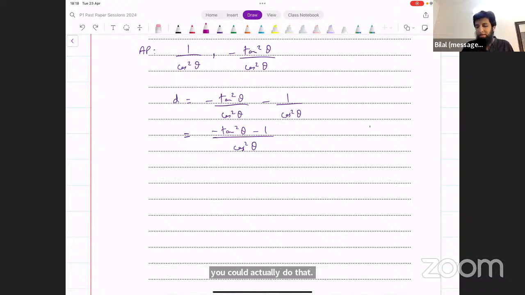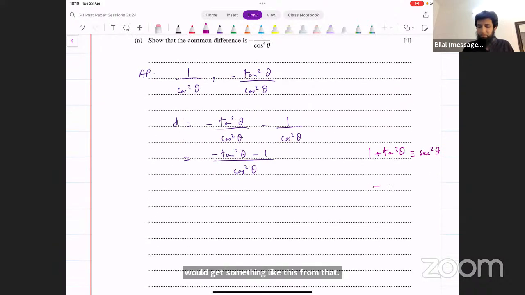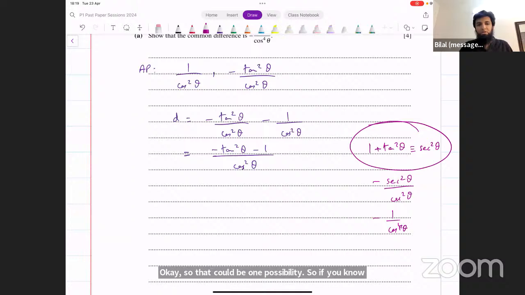If you know that identity, 1 plus tan square theta is identical to secant square theta, you could convert it to secant square, and you would get minus secant square theta over cos square theta. And then just take that to the denominator, and it could be written as minus 1 over cos raised to power 4 theta. So if you know this identity from paper 3 already, you could use that.